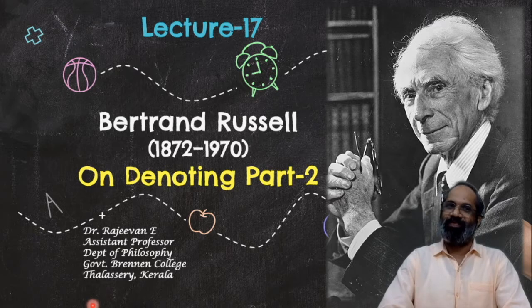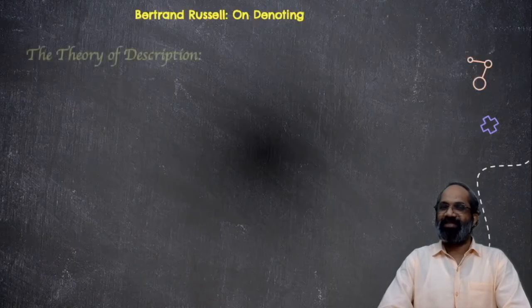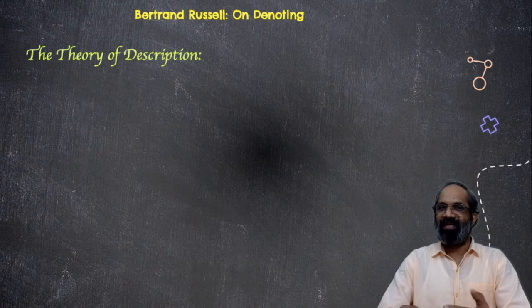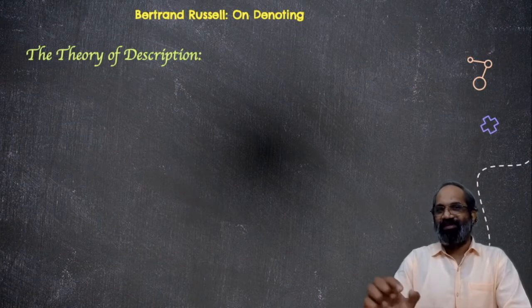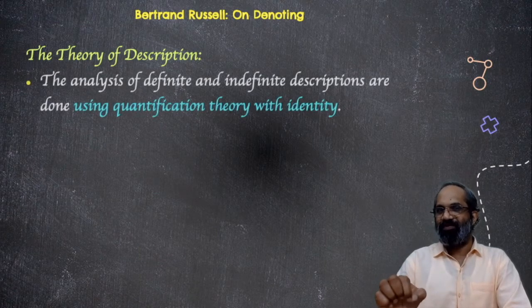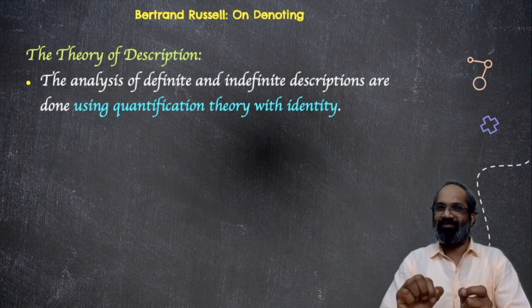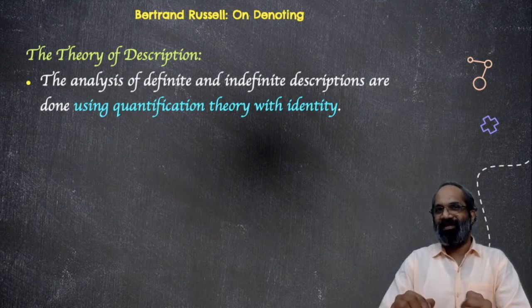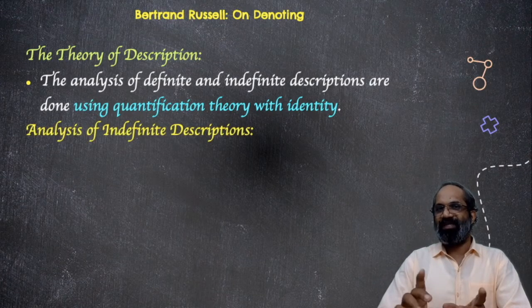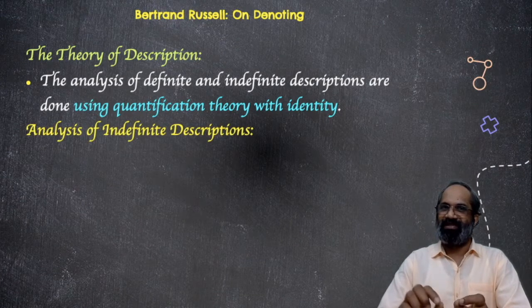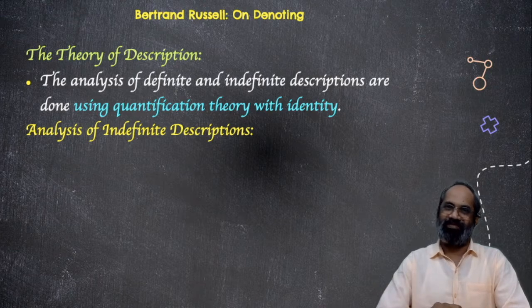So in the theory of descriptions, Russell is trying to dig out the depth grammar, the exact in-depth meaning, of the term "the". In analyzing definite and indefinite descriptions, Russell used quantification theory with the principle of identity.